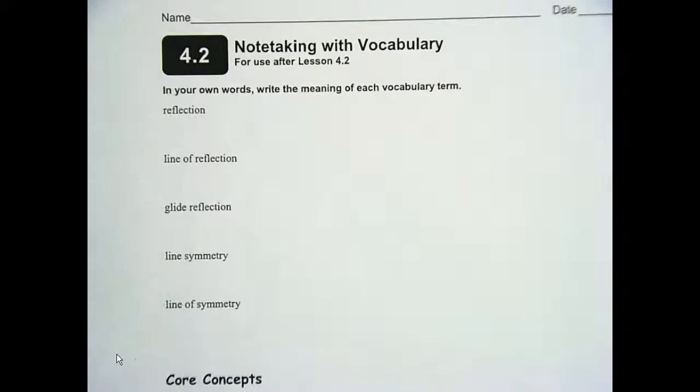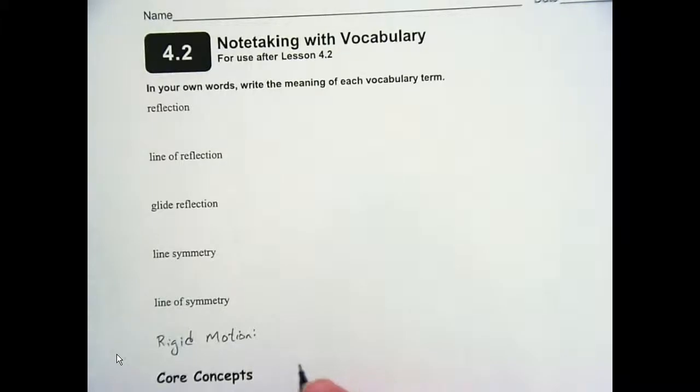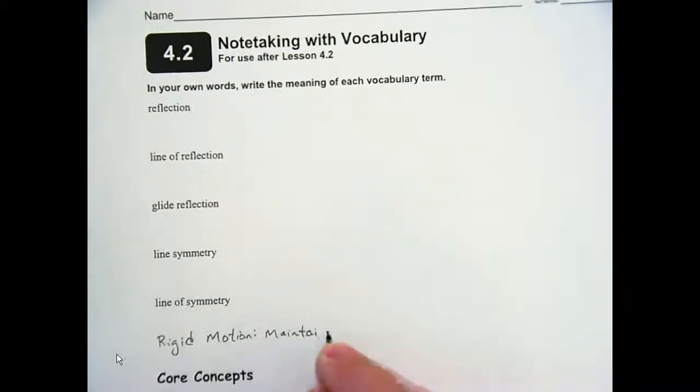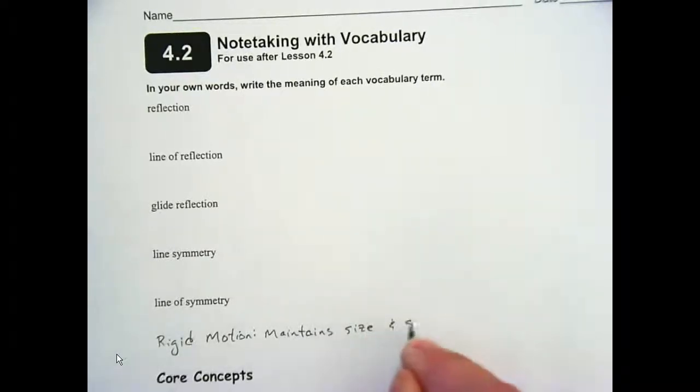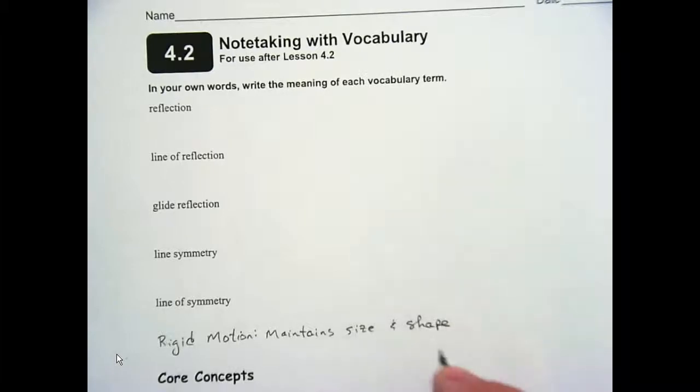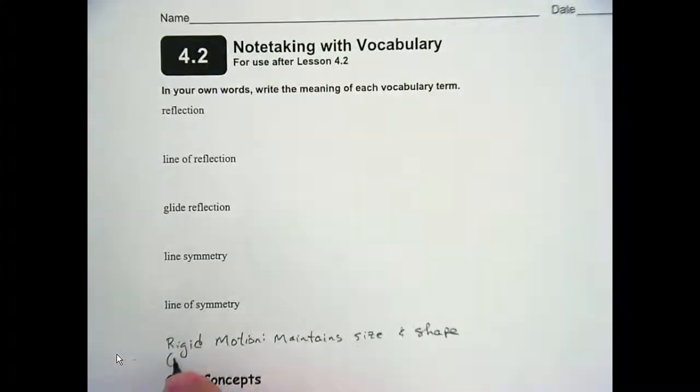It does not change its shape. It's also called an isometry, but I don't think we ended up talking about it yesterday. A rigid motion maintains size and shape. Okay. We also call a rigid motion an isometry.